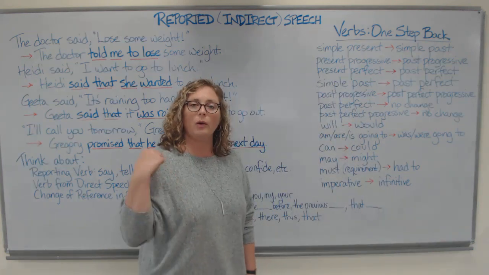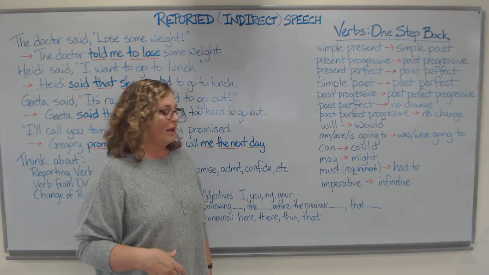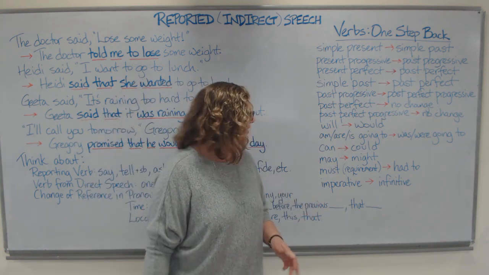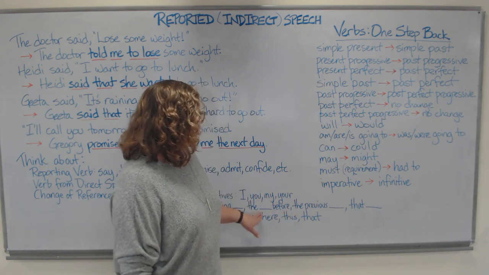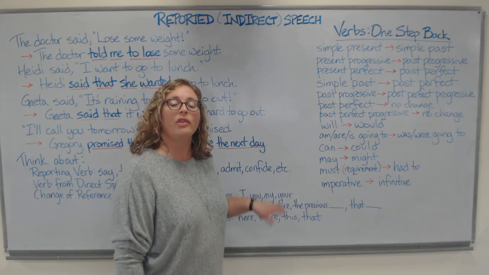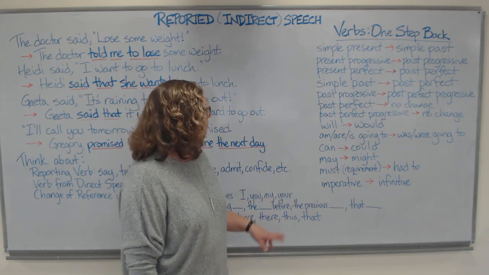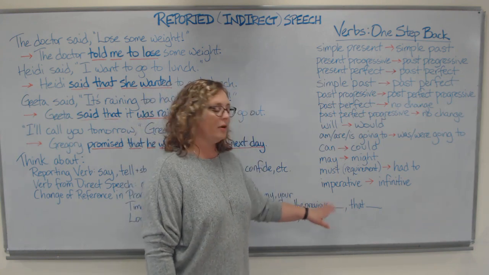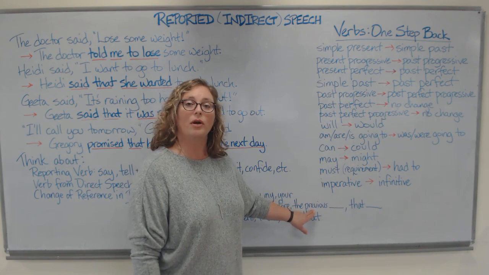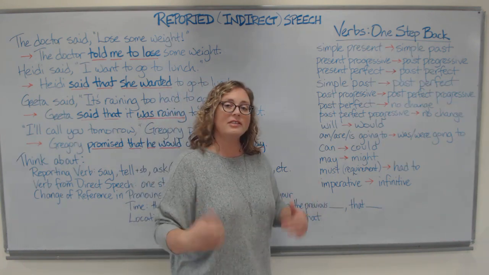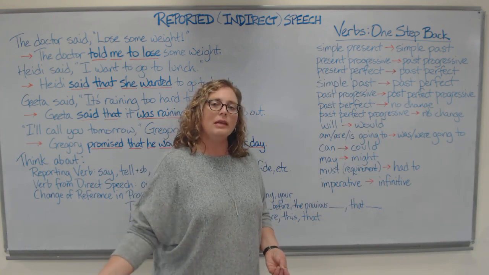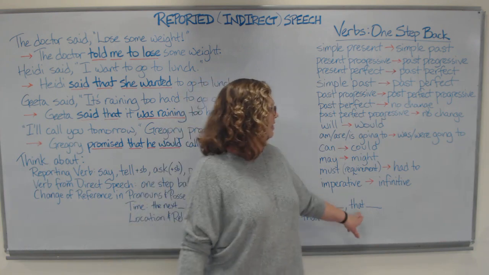If you're going backwards, yesterday. If it's not the same yesterday anymore, you need to say the day before, the week before, the month before, or the previous day, the previous week, the previous month. This is more academic. If it's the same day, today, if you're saying today, then in indirect speech, you would say that day.